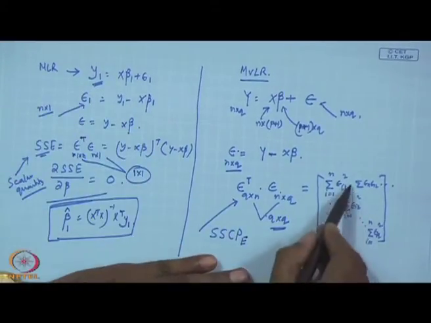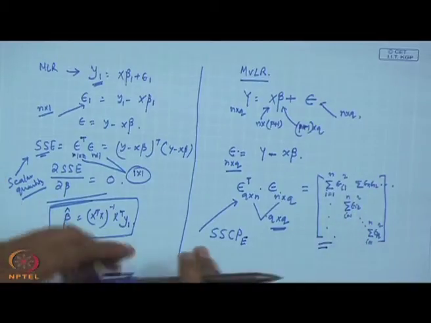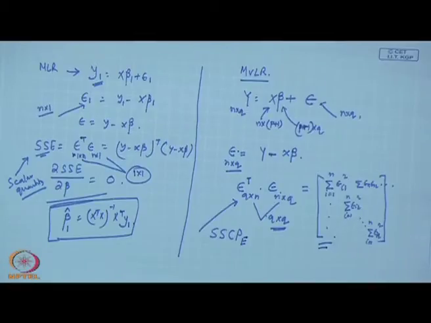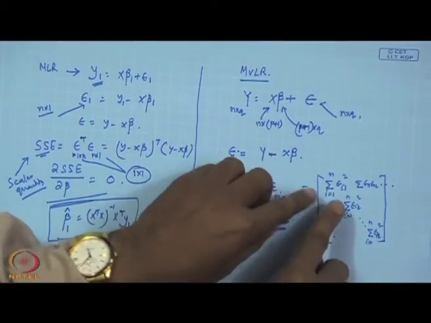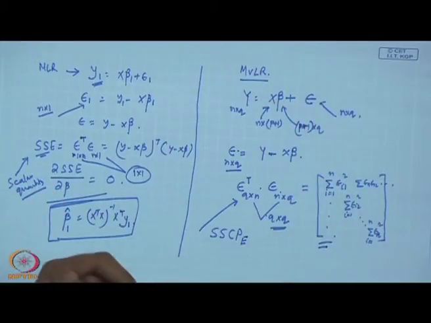Now, if we assume that the off-diagonal elements are 0, then we do not want only the individual diagonal elements to be as minimum as possible. We want the total as minimum as possible. The total sum of squares across all the y variables should be as minimum as possible.